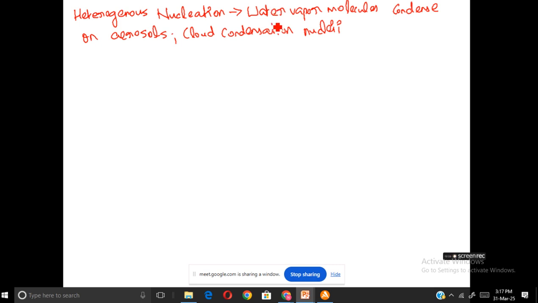So upon the particles known as cloud condensation nuclei, these water vapor molecules condense and form droplets.